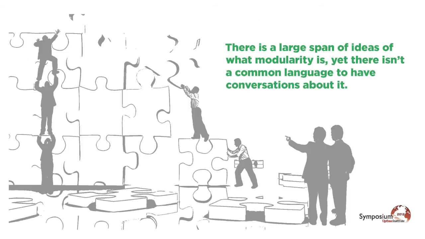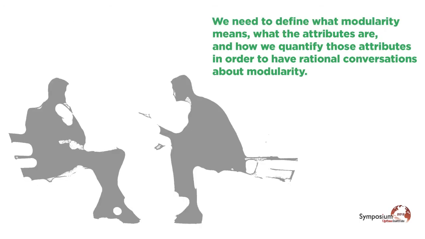So we've got this big span of ideas of what modularity is, yet we don't have a good language for people to have conversations about it and explain how to actually specify it. What we want to get to is the point where people can have those rational conversations and actually look at essentially data sheets that define what modularity means and what attributes, and how we quantify those attributes for modular data centers.